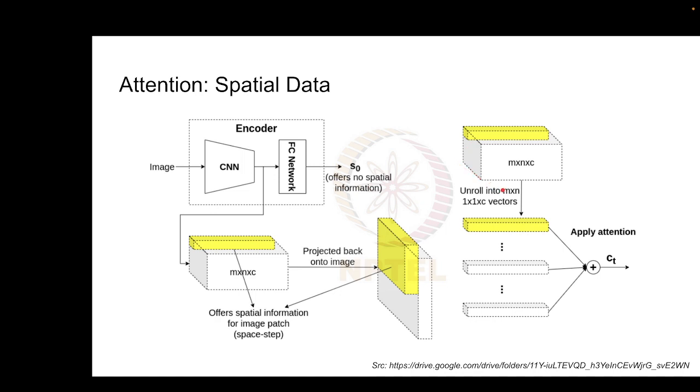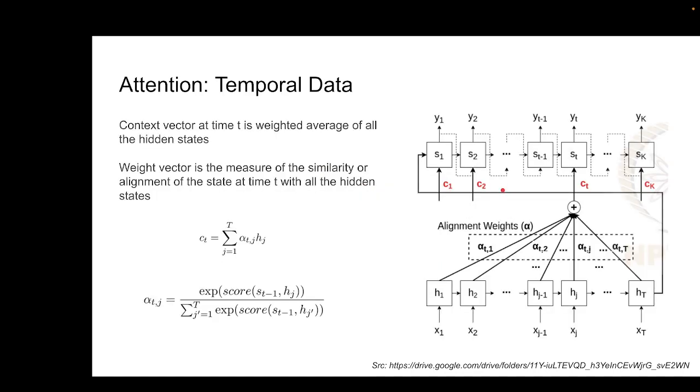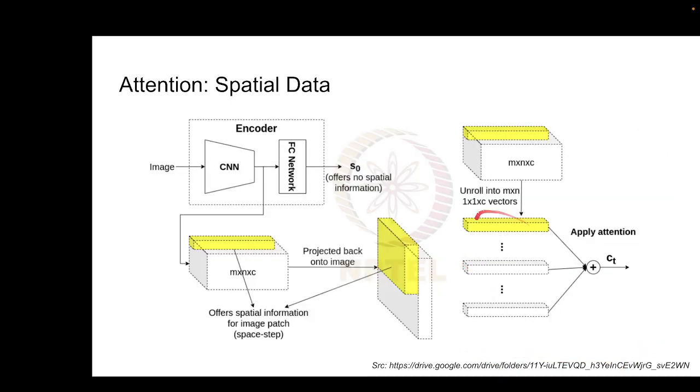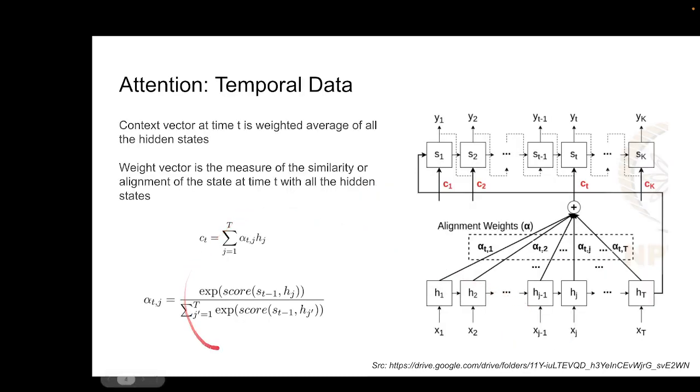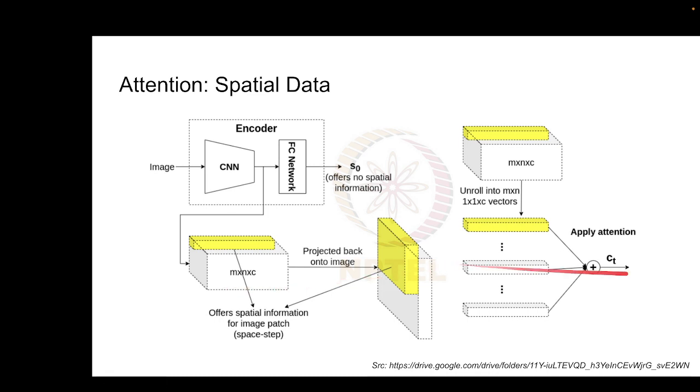These vectors are now like your sequential data, and you can apply attention in a similar way to what we showed here, and then we get the attention-based context vector for the individual locations.